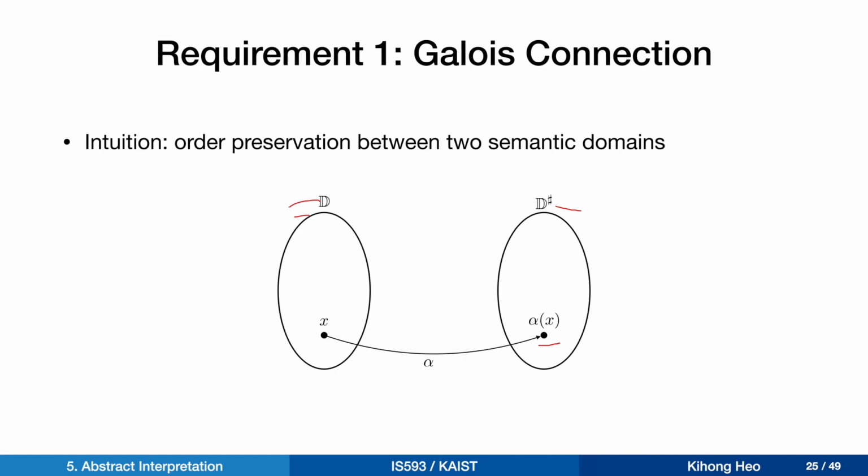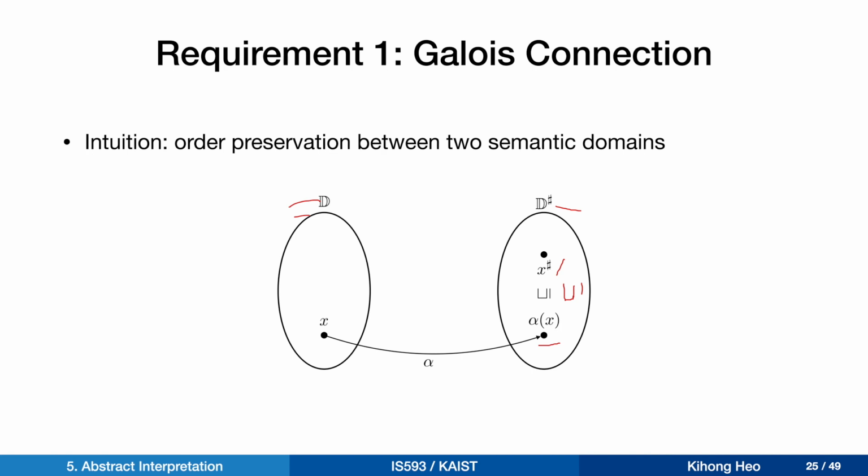Then if we do some computation, presumably static analysis, we will have some result, denoted by x sharp here, that is larger than the original one, alpha of x.